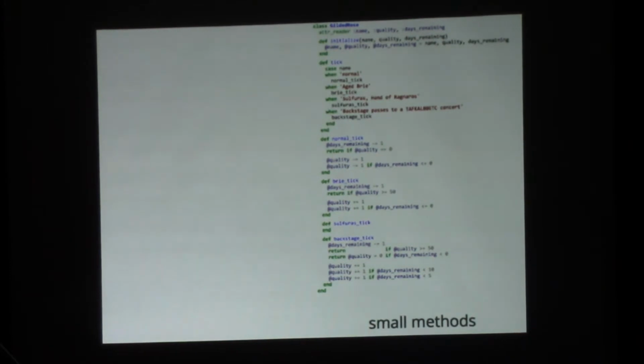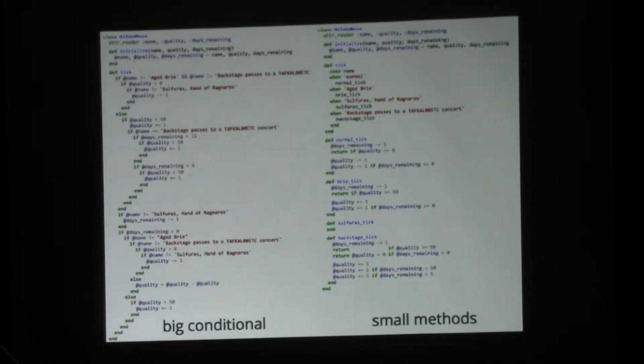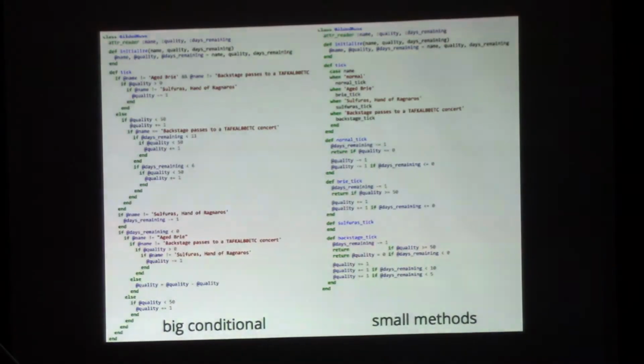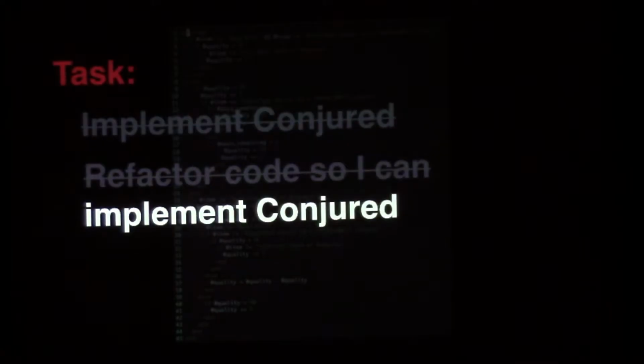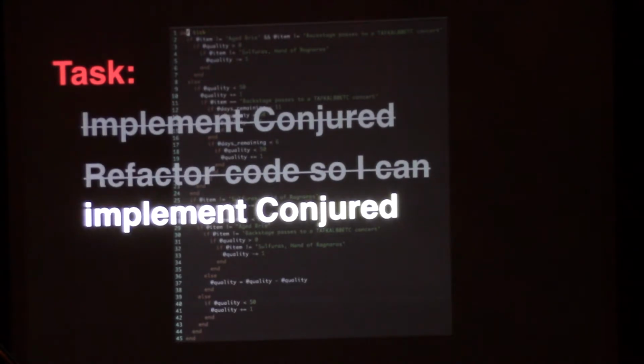This is the one on the right side that we refactored, and the original method on the left side. I think, would you agree that it's more readable? So yeah, I did some refactoring, so probably I can implement Conjured now.